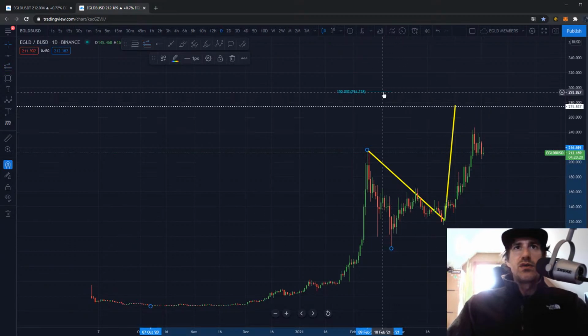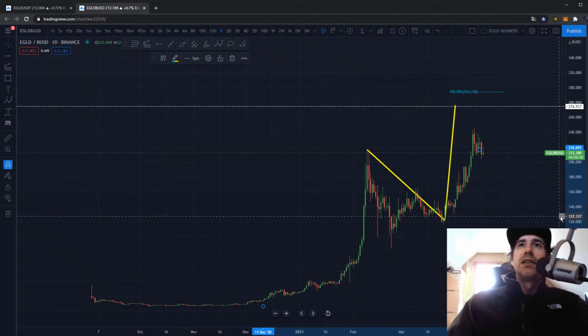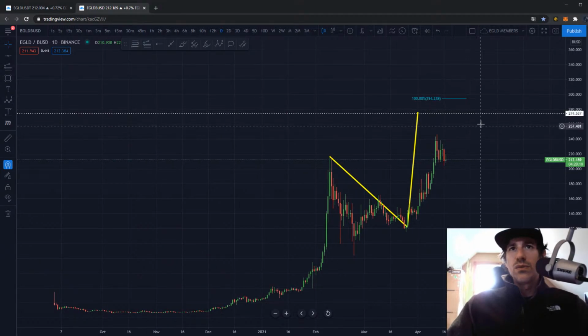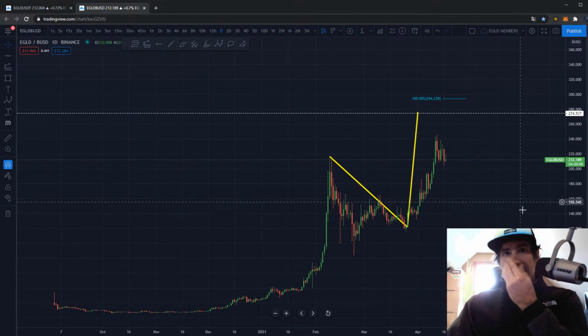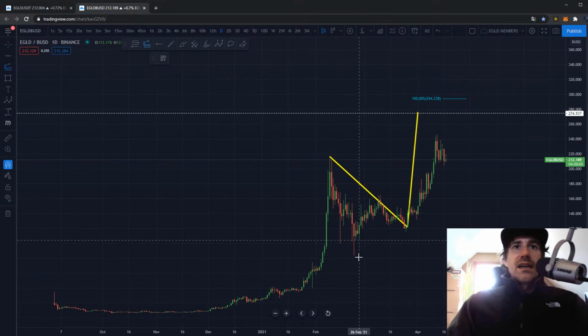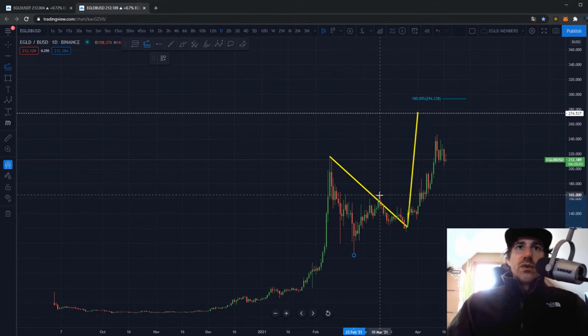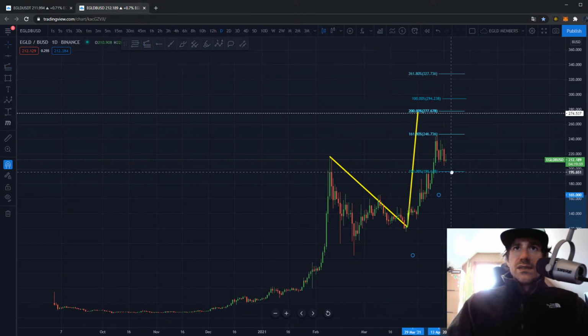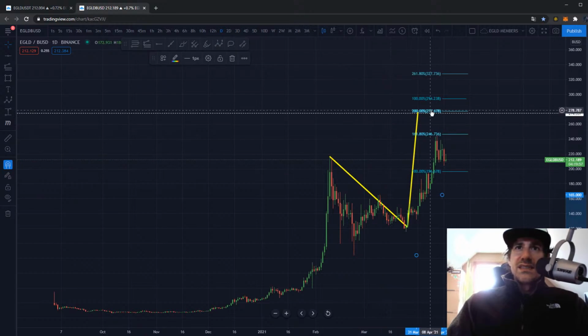Okay, we have a super cycle 100 Fibonacci that is at 290, 287. You see we're starting to have some resistance between 270, 294. We'll have a bunch of resistance up there. We have this Fibonacci here, 277, 294.